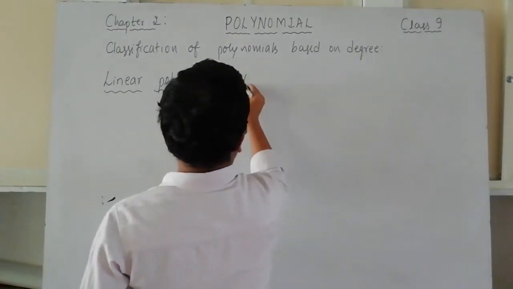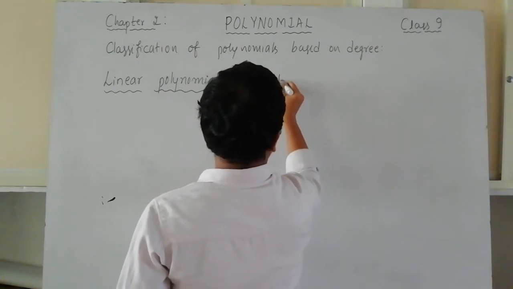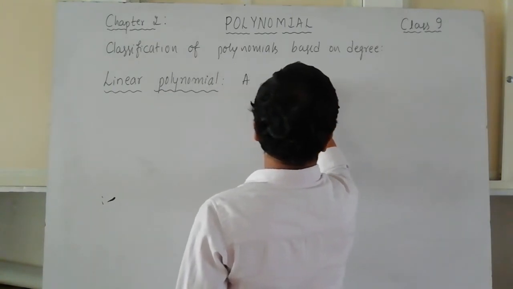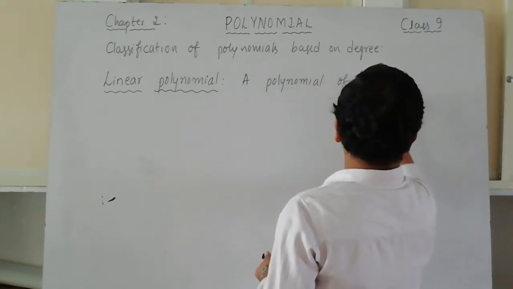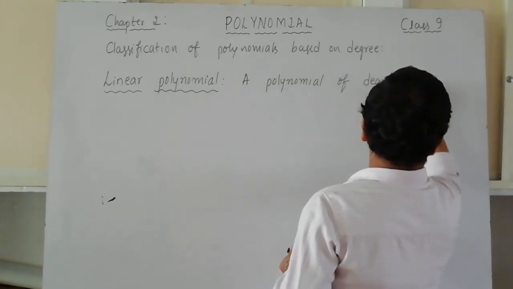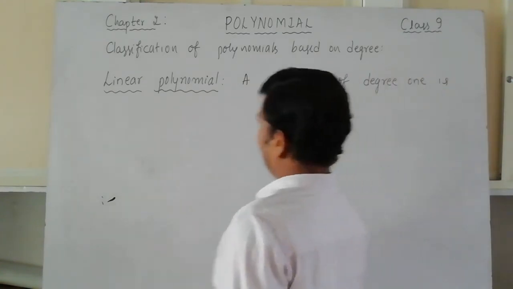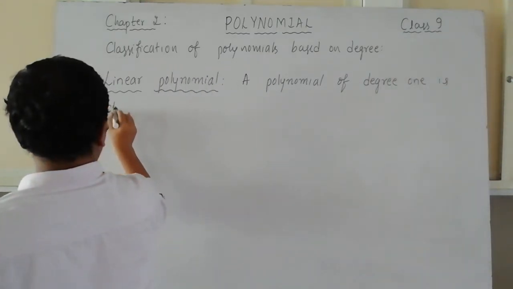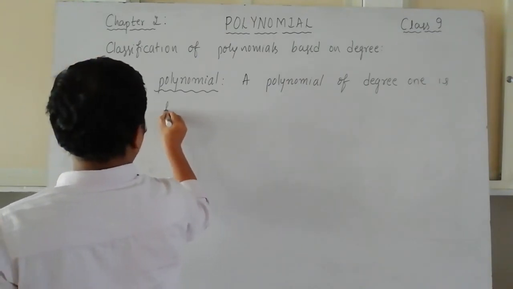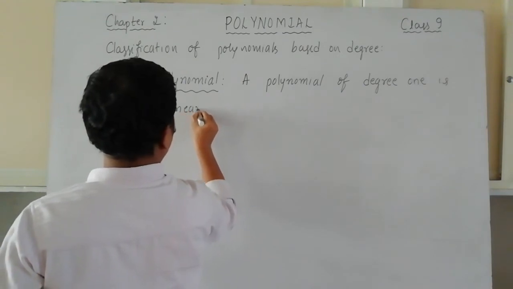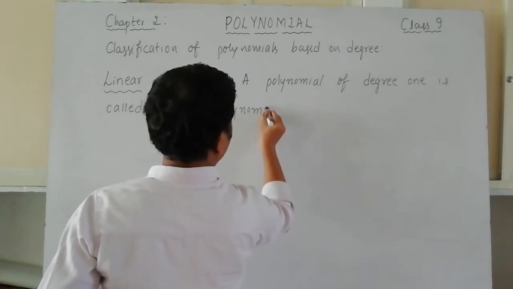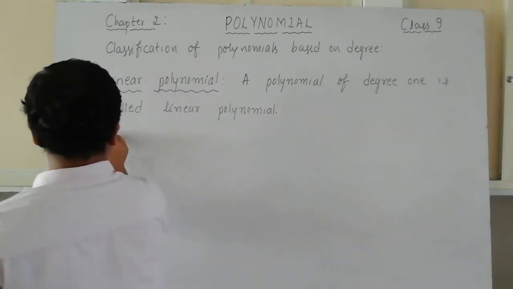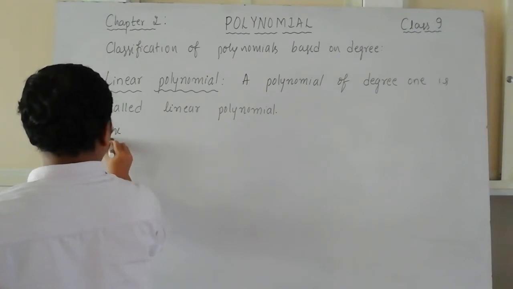A polynomial of degree 1 is called linear polynomial. So the definition is very well known for you.